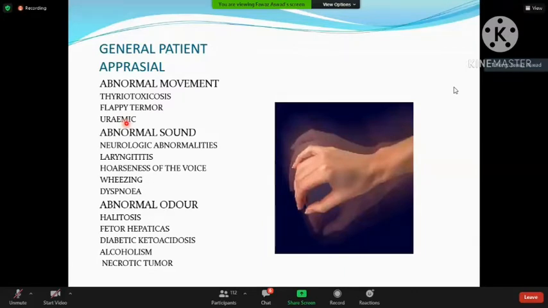Even when we are going to speak with the patient, sometimes you could notice that there will be an abnormal sound of the patient. يعني البيشنت صوته ما يكون طبيعي. أحب أوضح لكم إنه normal speech of the patient usually depends on the tongue, on the lip, on the palate, on the nose.